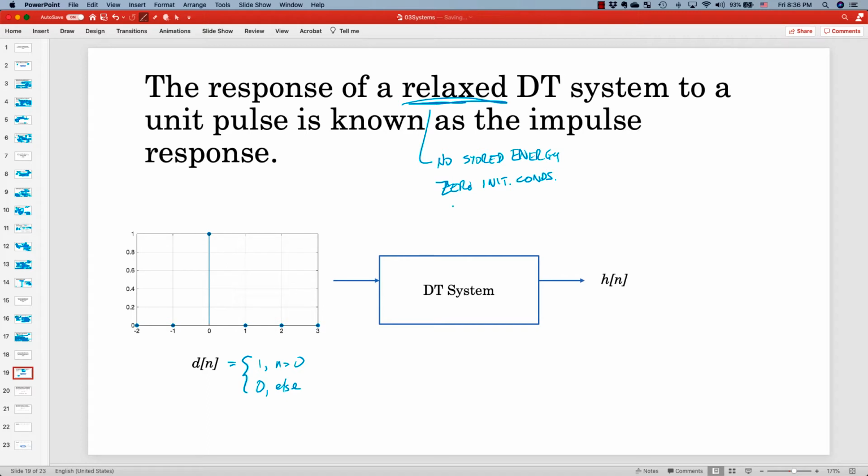Another way to say this is that the shift register is empty. Those are all equivalent characterizations of a relaxed discrete time system. So that means that the impulse response is a zero-state response, due to a specific input, the unit impulse.